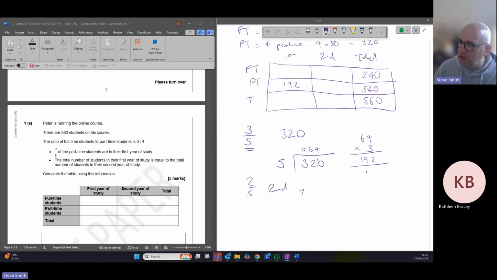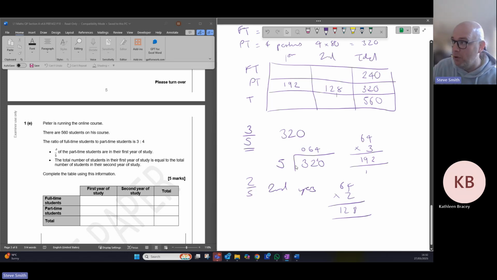So 1/5 is 64, and I can times it by 2 to get my other spare number. That's 8, and then that's 12. So 128. If you didn't know that, and you thought, actually, I'm pretty good at Sudoku, going along a line it needs to add up to the total at the end.